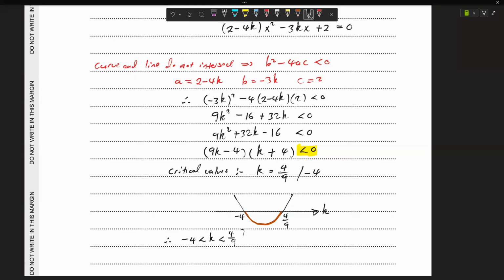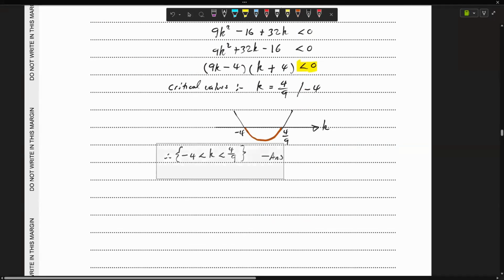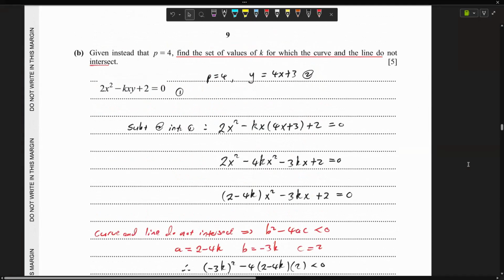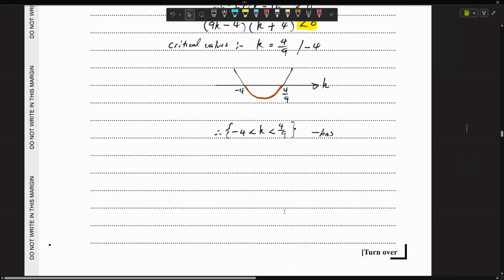So this here becomes the solution set. And that's the answer. Okay, just to put it where there is a little bit of space. This is the answer. These are the values of k, according to what they say. Find the set of values of k for which the curve and line do not intersect. So for values of k between minus 4 and 4 over 9.